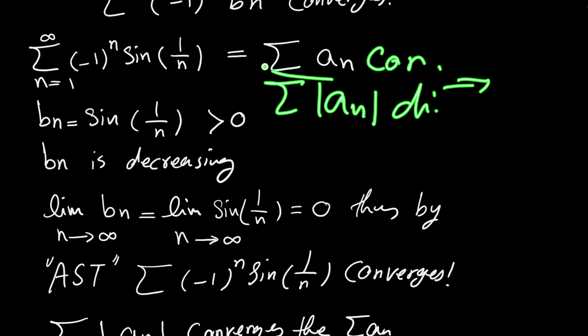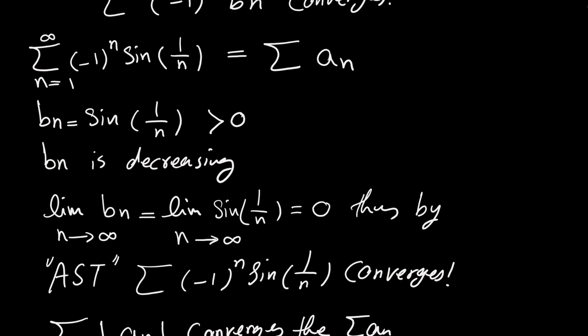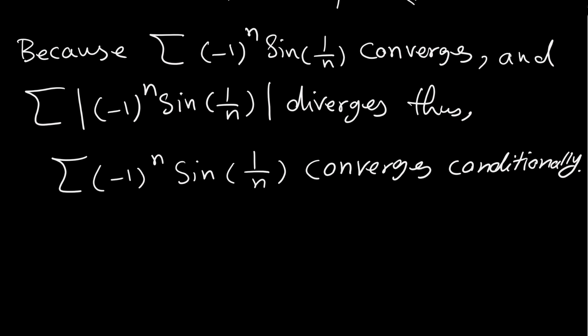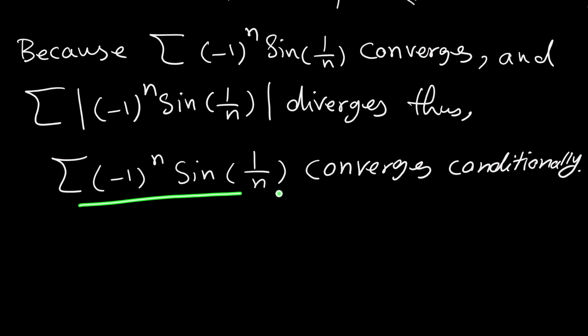So we can conclude that sigma an converges conditionally. So as sigma negative 1 to the power n sine of 1 over n converges, but the absolute value of this series diverges, we conclude that the series converges conditionally.